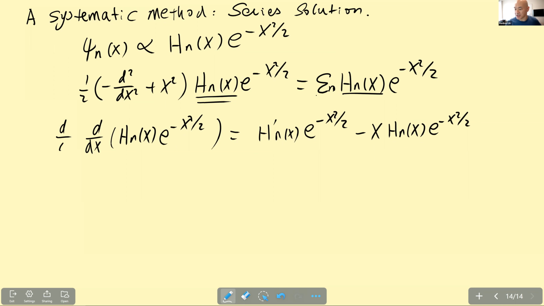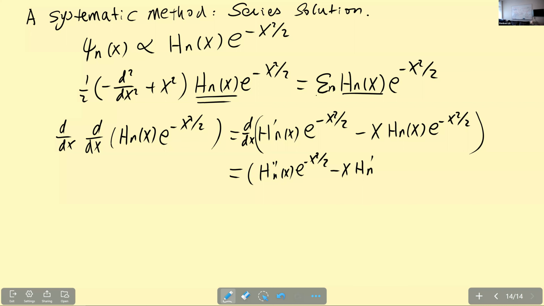Then you do this twice. Of course, you can get h m double prime of x e to the minus x squared over 2, right? But you can also do this on the second part, which gives you minus x h m prime e to the minus x squared over 2, right?